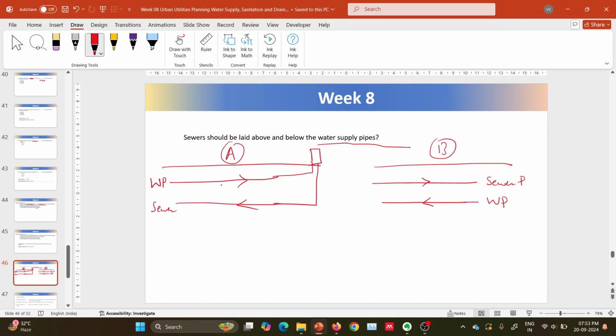So this should be the ideal case because if any leakage happens in the sewer, it will not go up. It will not affect the water pipelines. Whereas if any leakage happens in the other arrangement, it will come down and can intermix with the water supply. That happens most of the time.